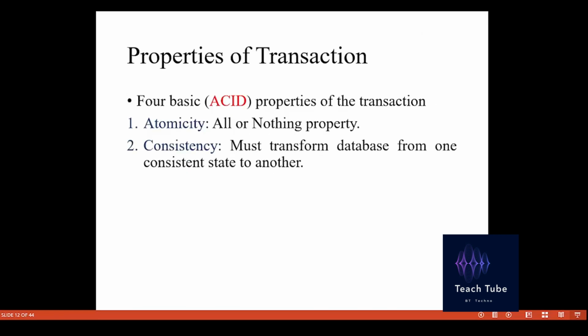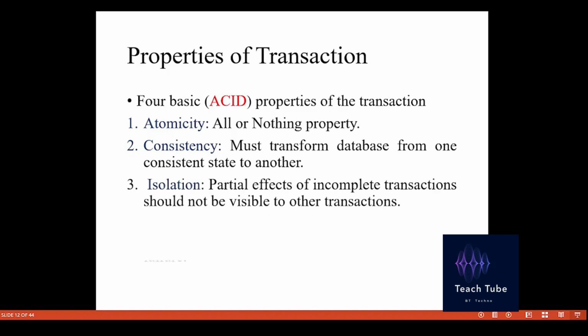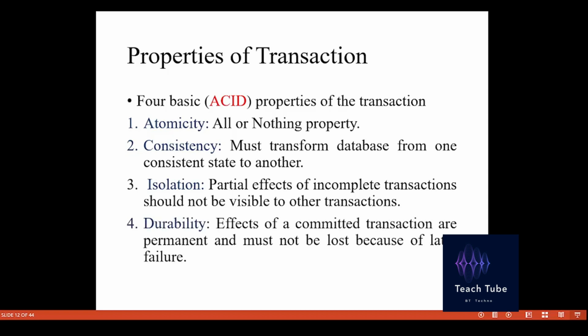When you come to the properties of a transaction, there are four basic properties. The ACID properties: A, atomicity; C, consistency; I, isolation; and D, durability are the four basic properties of a transaction. Atomicity means the all-or-nothing property.